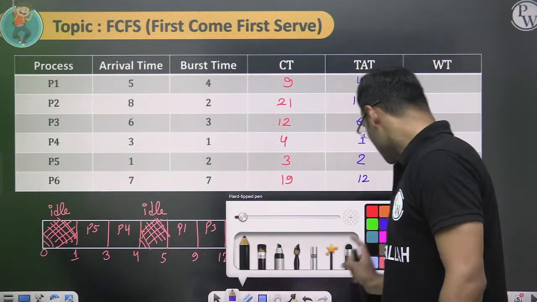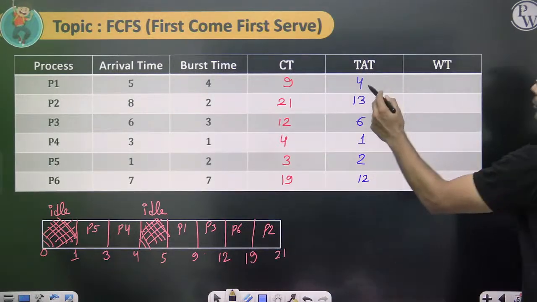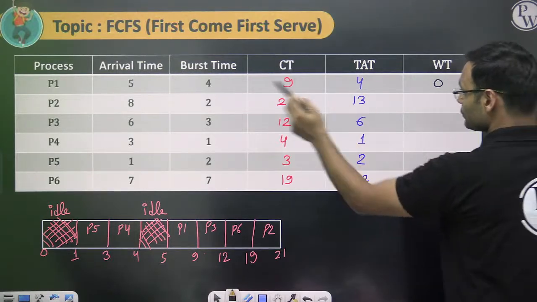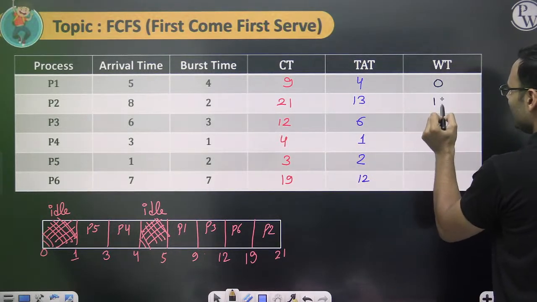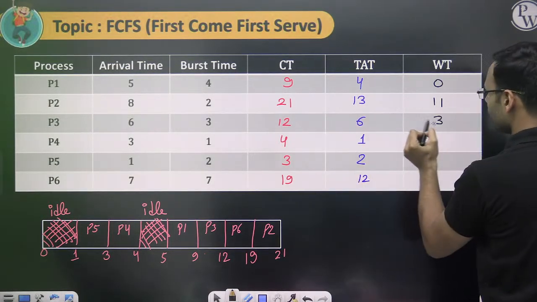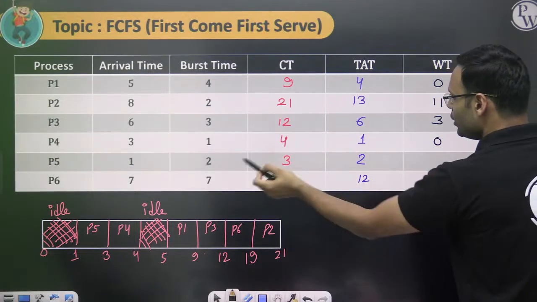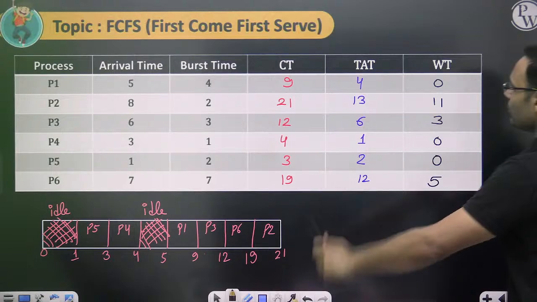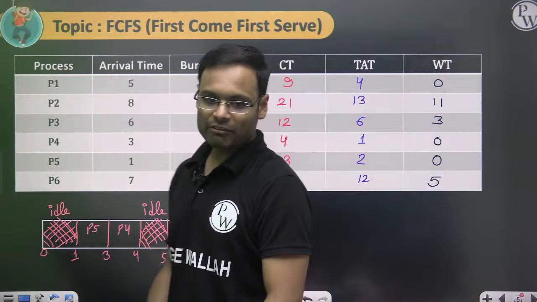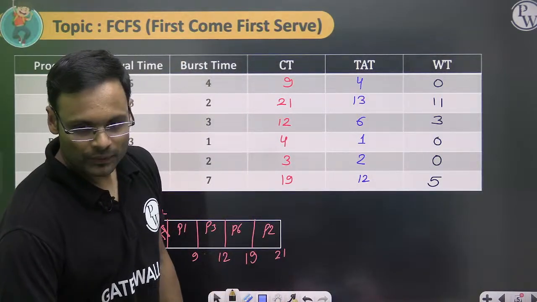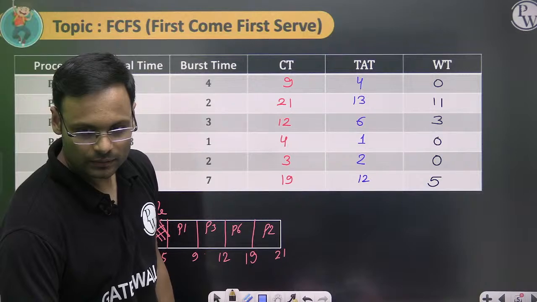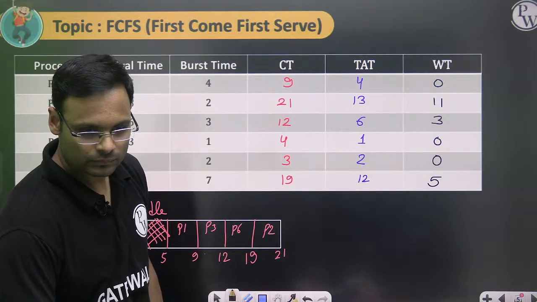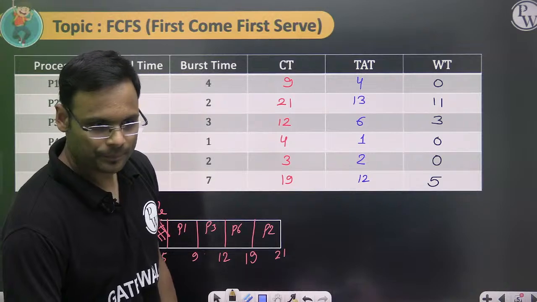Turnaround time minus burst time is waiting time: 0; 13 minus 2, 11; 6 minus 3, 3; 1 minus 1, 0; 2 minus 2, 0; 12 minus 7 is 5. You can calculate average turnaround time and average waiting time also from here, and easily get the answer.